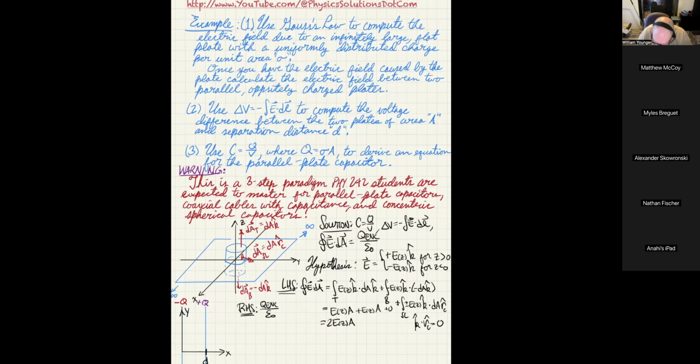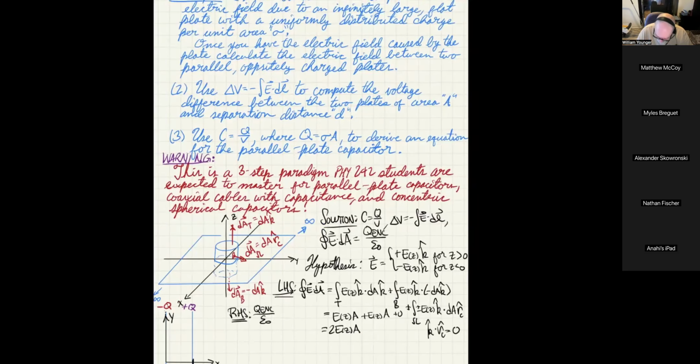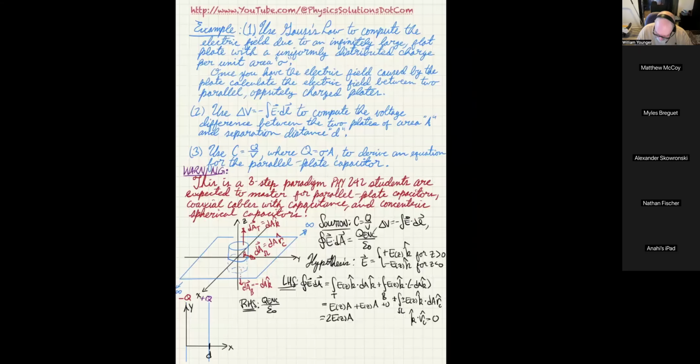That also indicates that the area where the soup can intersects with the infinite plane has an area A as well, because that's going to come in handy for figuring out the total charge enclosed. So Q enclosed over epsilon naught can just be sigma, the charge per unit area, times whatever area is enclosed. And as I just argued, the area enclosed is A. So this is going to be sigma A over epsilon naught.